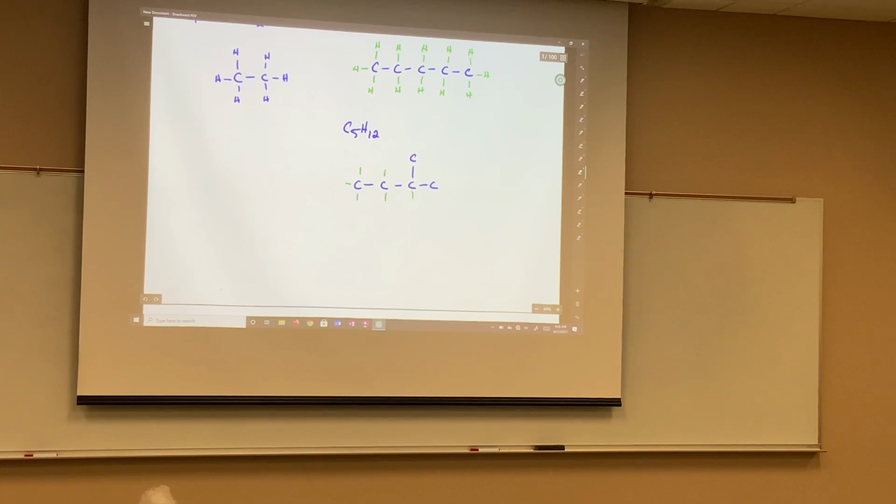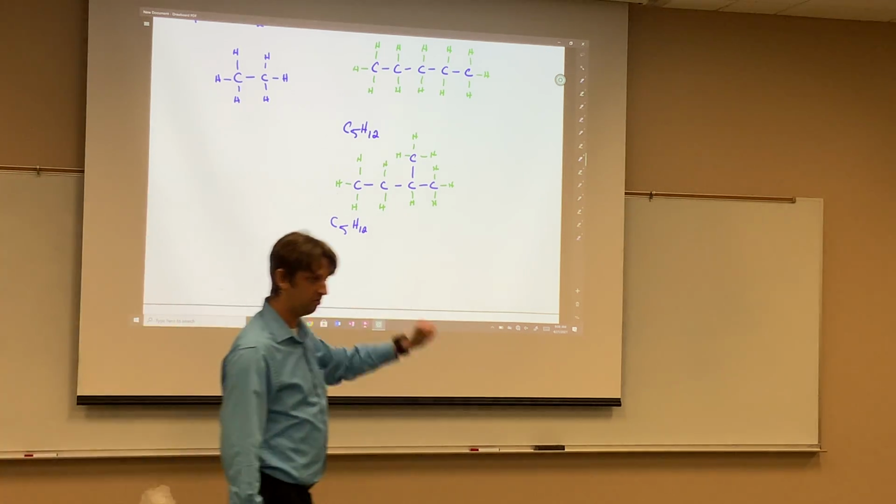So just for argument's sake, see if you guys can draw me C5H12. Now take a peek at what we did between the first one and the second one.